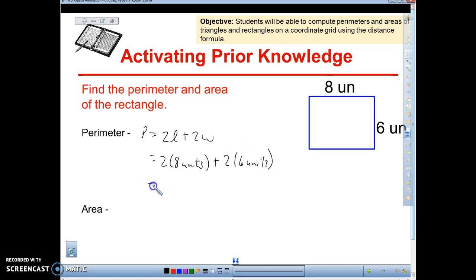I'll distribute the 2's. We get 16 units plus 12 units. When I add these together, we get 28 units.